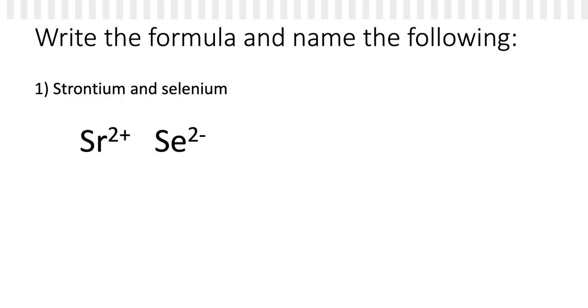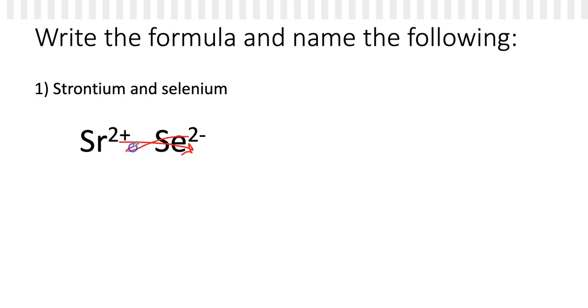All right, so how did you do? First, of course, you had to figure out the charge for strontium, 2 plus, selenium, 2 minus. And then, of course, you're going to need to cross those charges using that cross rule like we did in class.